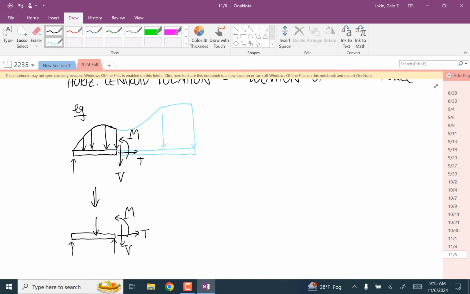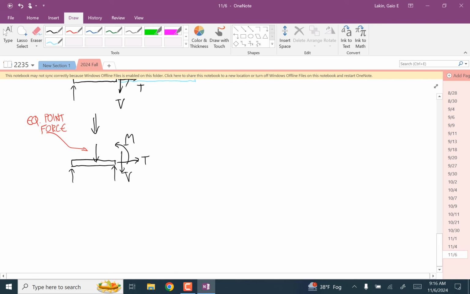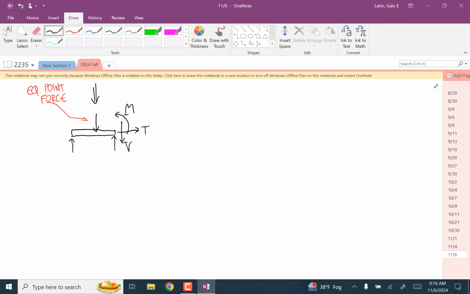Okay, so this is the equipollent point force.